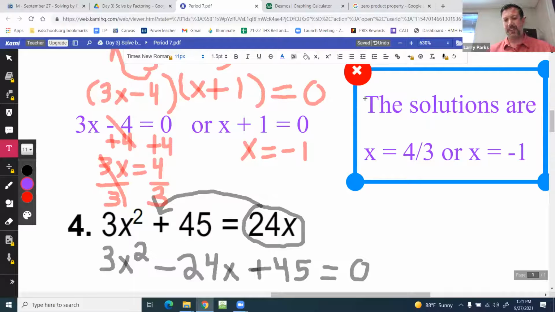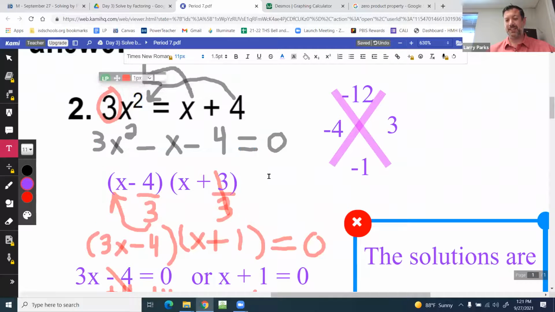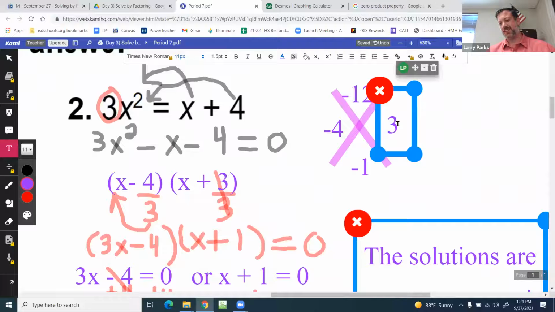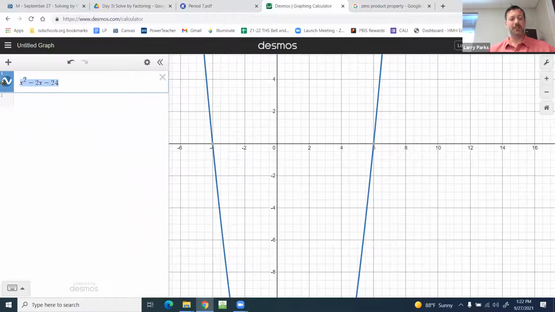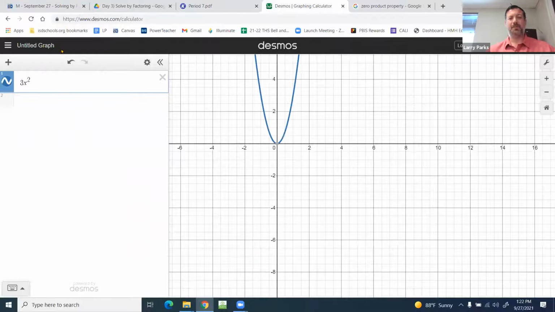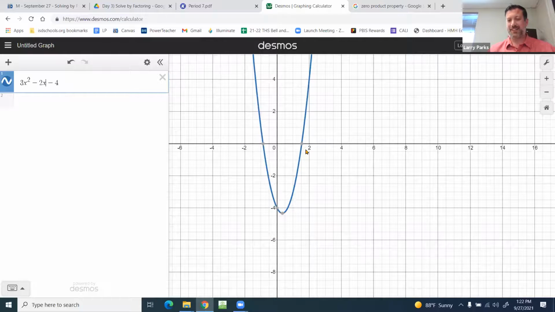Now let's check our work. I could plug 4/3 in, but fractions and squaring and stuff. I'm just going to type this into Desmos. 3x squared minus x minus 4. Look at my solutions. 1.414. That is not the same thing I got. I noticed I forgot the x. That changes things.